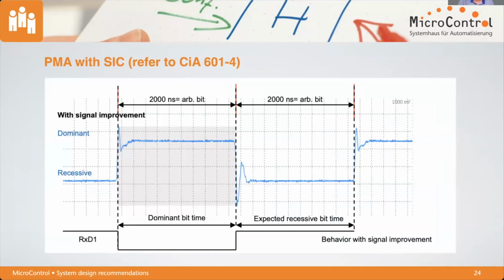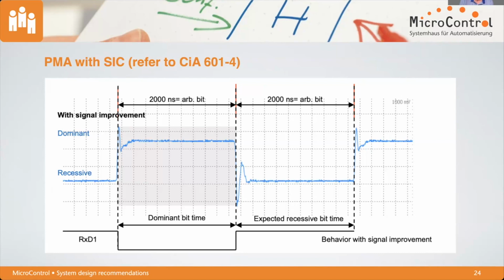So here's the result. It's again a picture of the CiA 601-4. If you're using these SiC transceivers, the impact of the SiC transceivers is really good. Recently we did some tests with long cables, running a system with really long stub lines in our lab, a really poor network design.